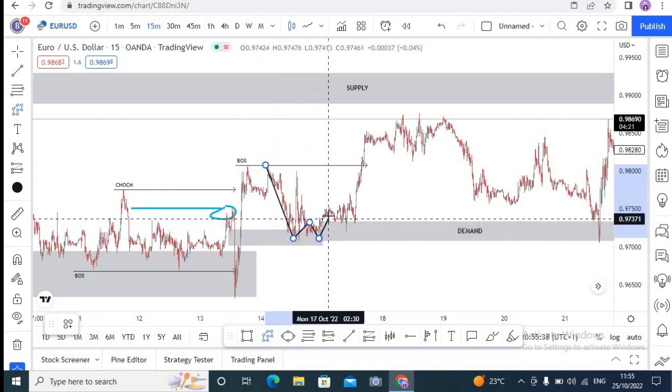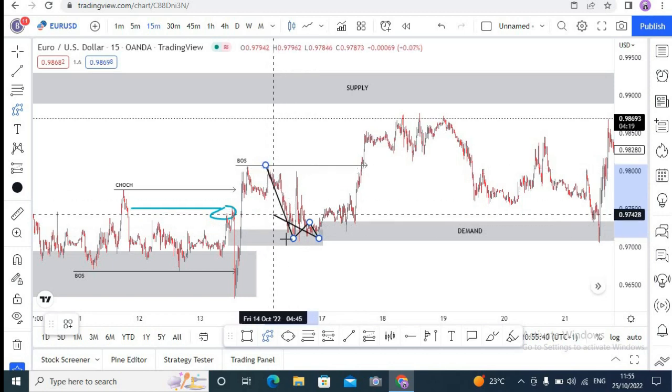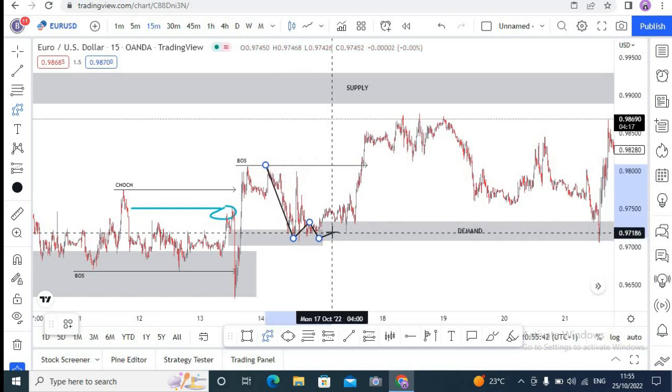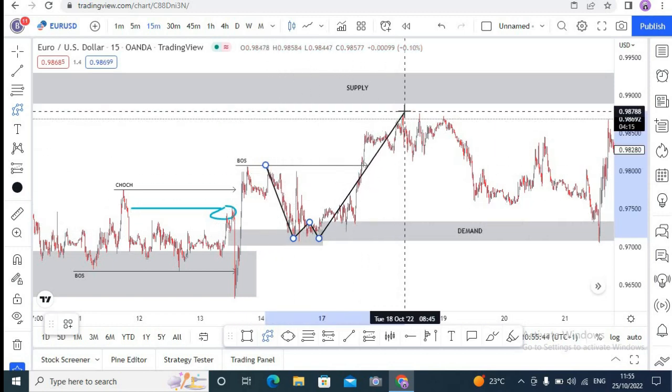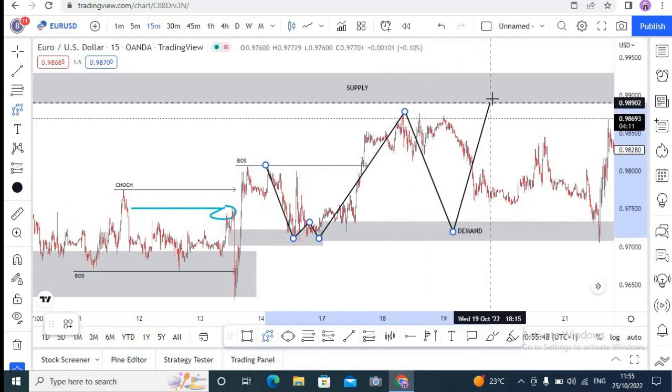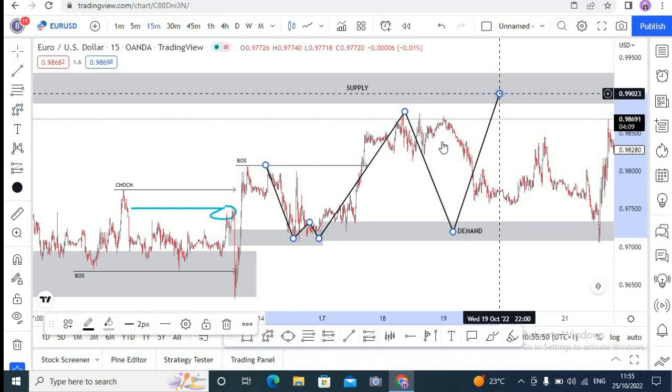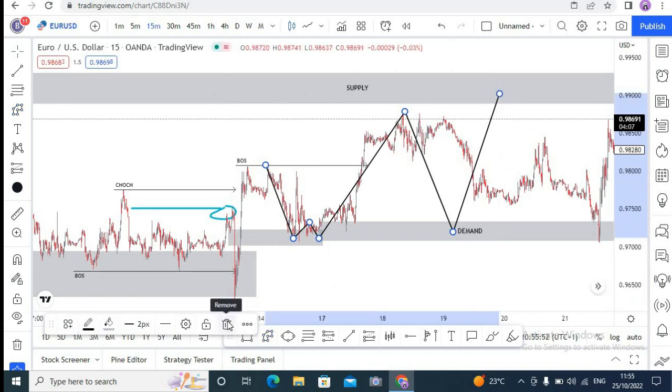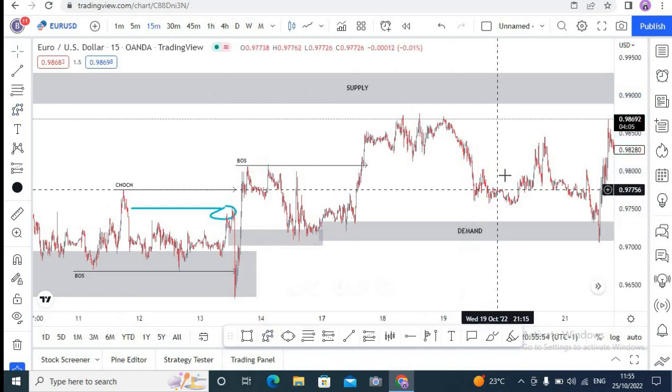You can see clearly we did have a drop, and then this will now become a base and then a rally. You expect price to come to the demand, and then they'll shift the market going where, to the upside, which will now become your continuation pattern, right?